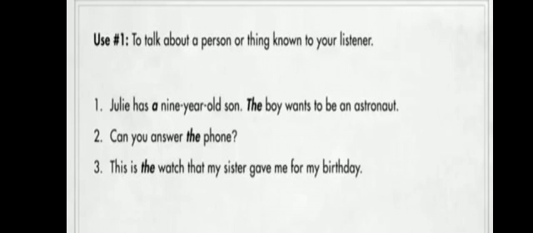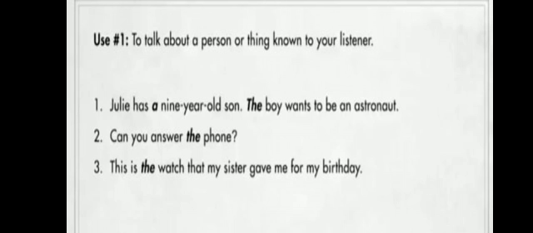Suppose you can see an example of the use of this article: Julie has a 9-year-old son. The boy wants to be an astronaut. Now you see, students, if I just write down the boy wants to be an astronaut, obviously you are going to ask which boy you are talking about.